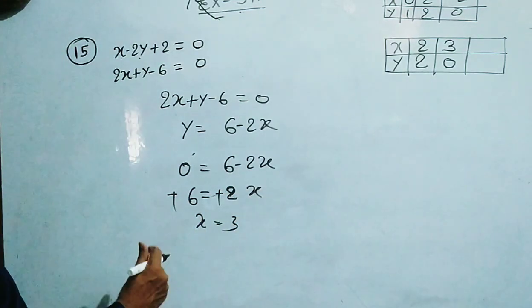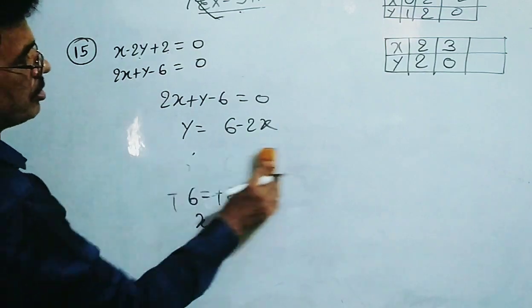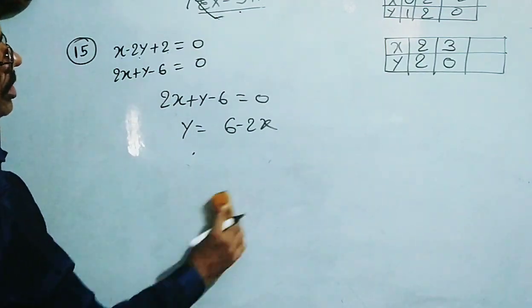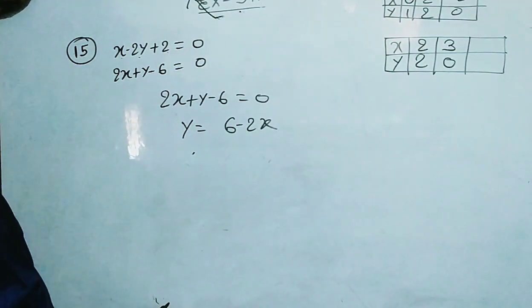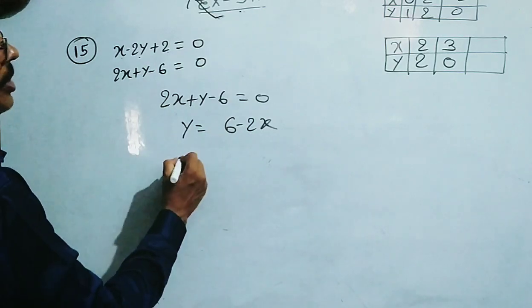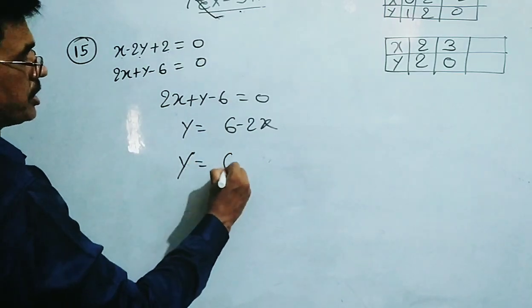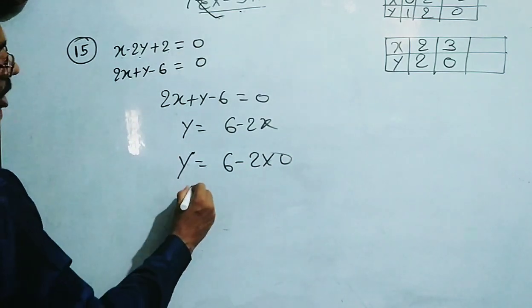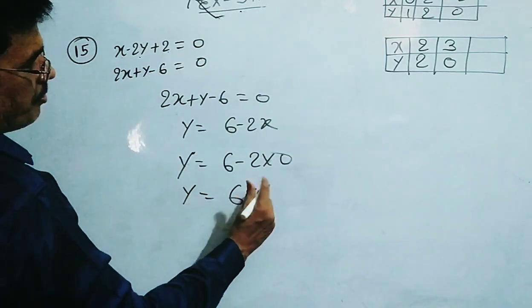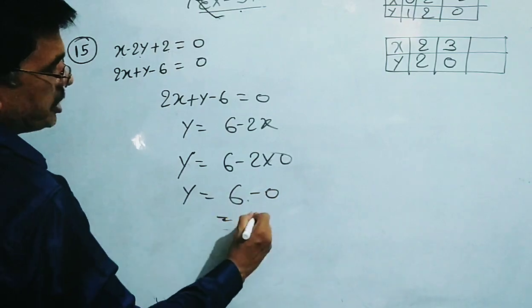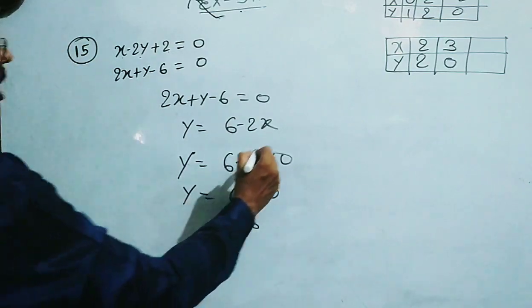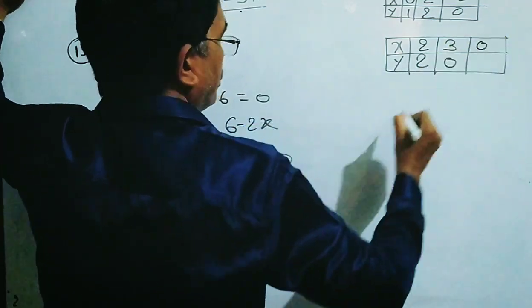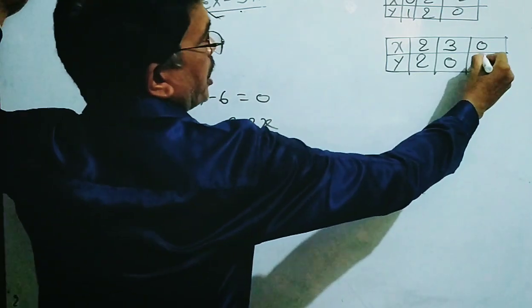Then if I write x is equal to 3, then y is equal to 0. Next, x is equal to 0. What you get here? Then you write 6 minus 2 into 0, then y is equal to 6 minus 0, that is 6. So you write x is equal to 0, then y is equal to 6.